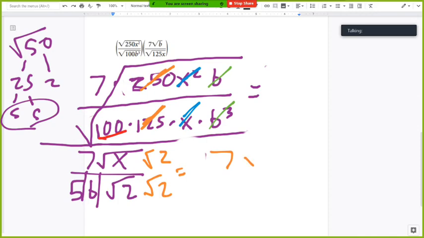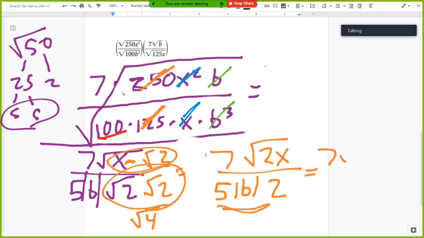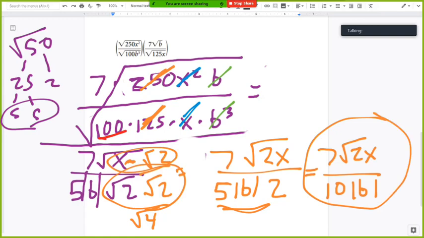That gives me 7 root 2x over 5 square root of the absolute value of b times 2, because this becomes the square root of 4, which simplifies to 2. Now we can multiply the 5 and the 2 together, so 7 root 2x over 10 times the absolute value of b. And that's the simplest way you can write that original expression.